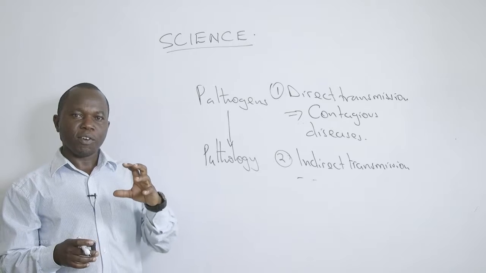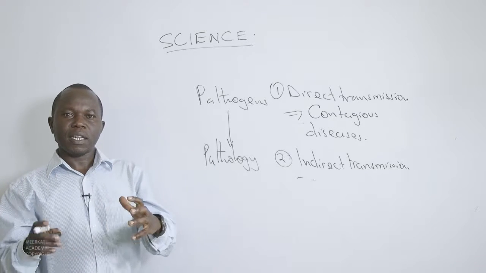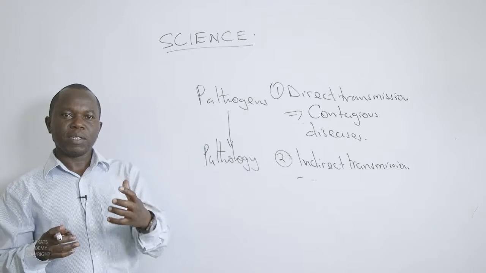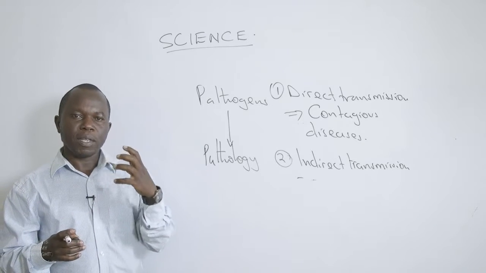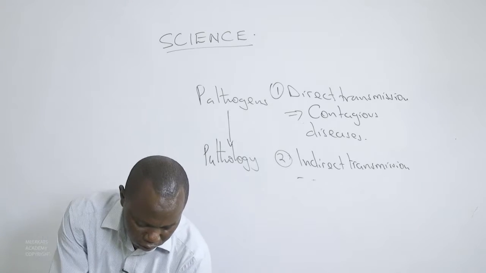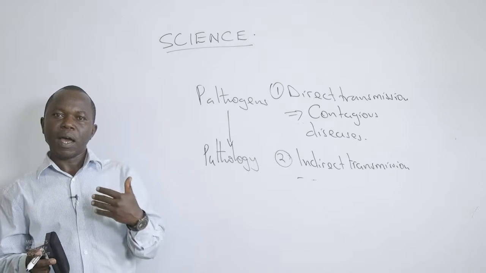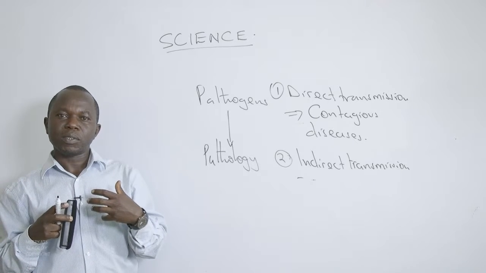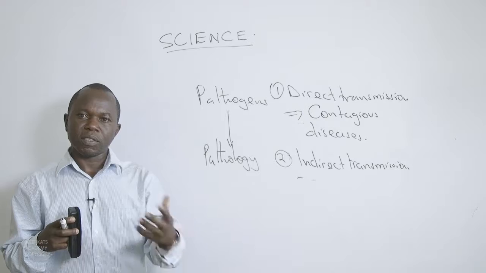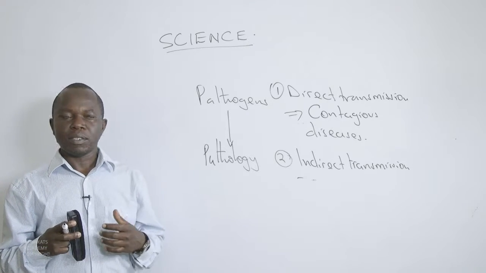Now I want to pick from infection, where a person has now acquired or the body has come into contact with the pathogen. What happens? So in our today's lesson, we want to find out what will happen when the body comes into direct contact with a pathogen, or sometimes if there is an injury to the body.